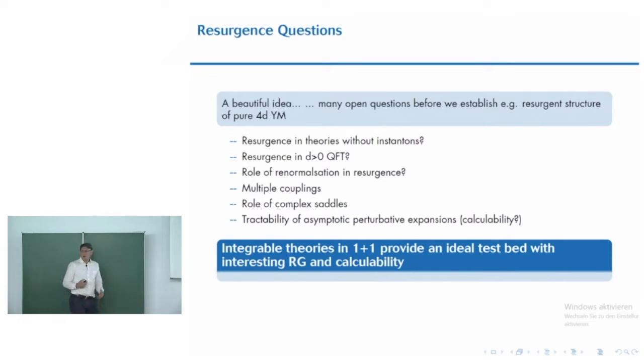What about when we're not really talking about quantum mechanics, but actual quantum field theory? What's happening with renormalization? How does that talk to these resurgent observables? Lots of other subtle questions about the role of complex saddles. In fact, this is particularly important in the context of gravitational path integrals and stuff like that. So there's lots of stuff going on here.